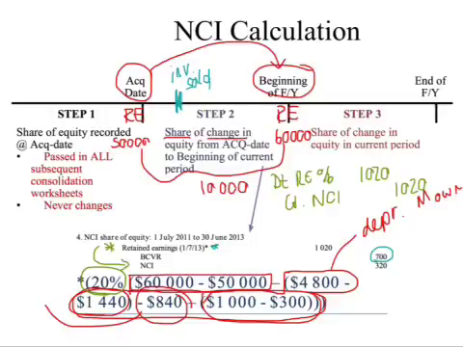So the entry would be, what was it? I think the BCVR was 3,500 on the inventory. The NCI share is 20%. So it's going to be debit NCI and credit the BCVR of 700.